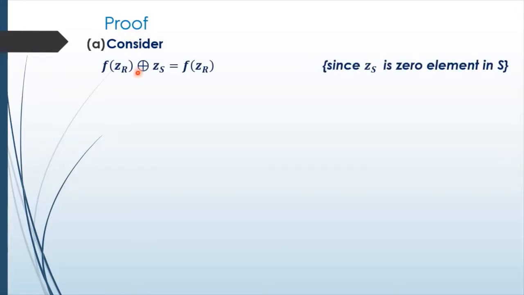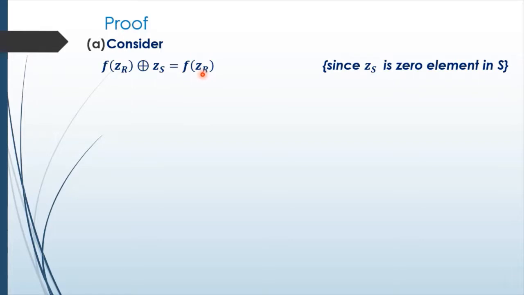First one, we have to prove that f preserves the additive identity. For that, consider f of Zr plus Zs. As Zs is the zero element in S, this is equal to f of Zr.